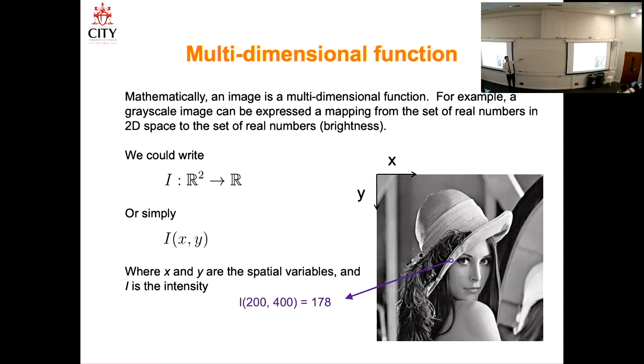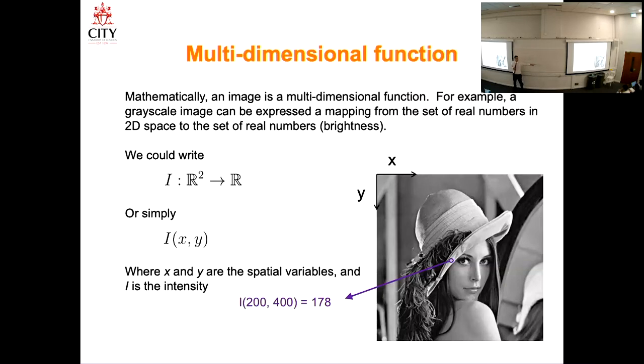How many numbers can we represent with a byte? 256. How do we come up with that number? It's 2 times 2 times 2 times 2 and so on, which is 2 to the 8, which is 256. So we can represent 256 different values with only 1 byte of data, right?